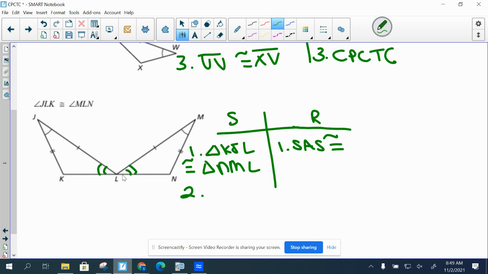Some people might look at that and think that they're vertical angles, but they're not, because they're not opposite. This would be the vertical angle. So you wouldn't use vertical angles. Anyways, I'll say what we're going to prove: angle JLK, and CPCTC.